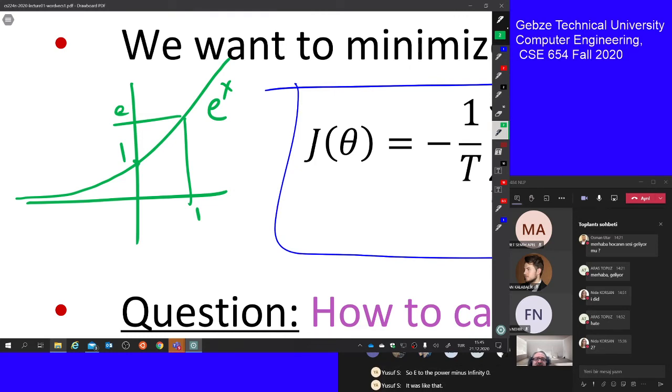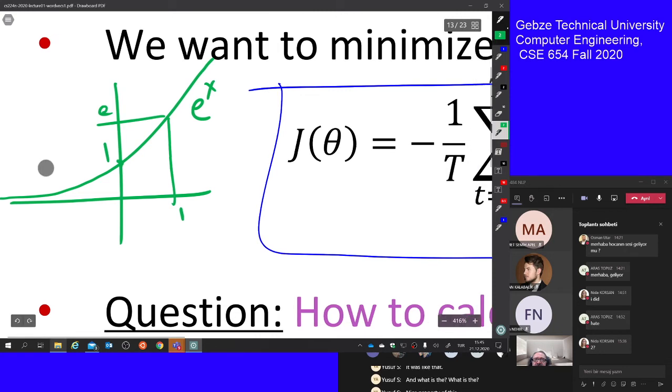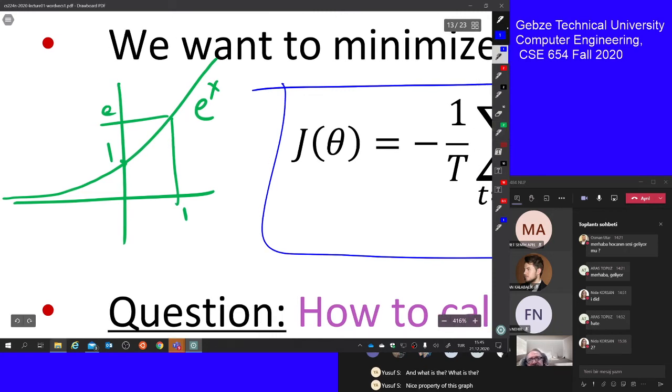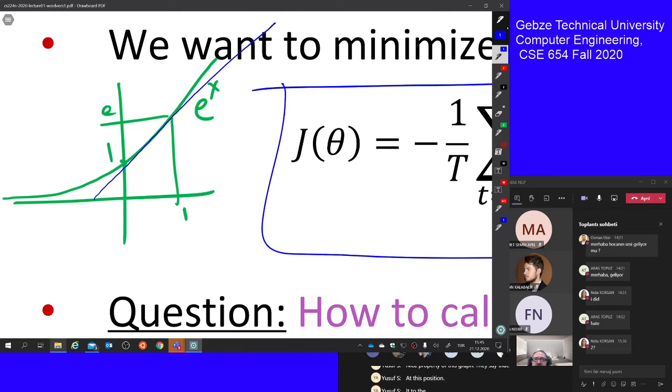And what is the nice property of this graph? At this position, the slope is the same as the value.